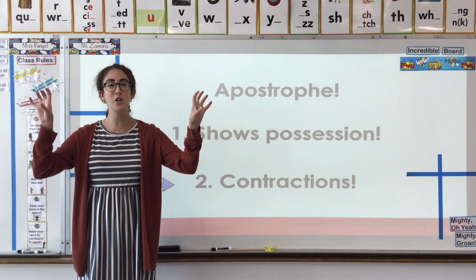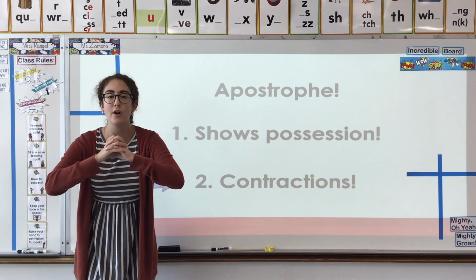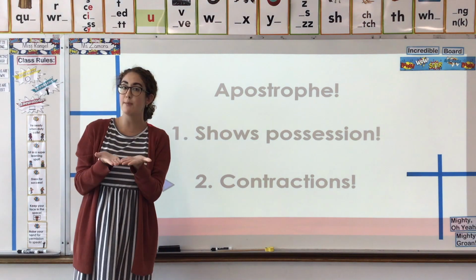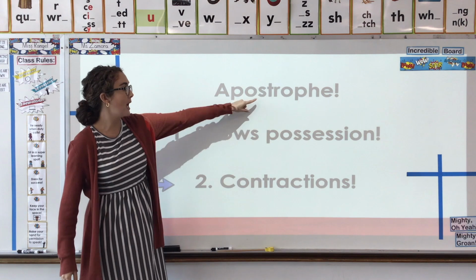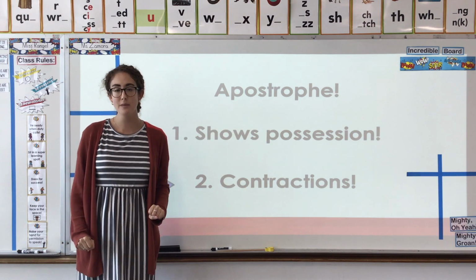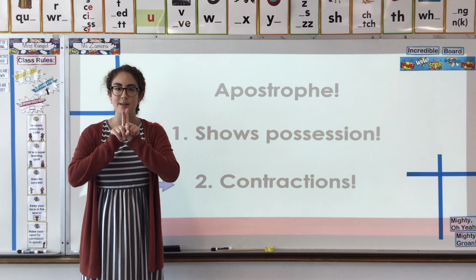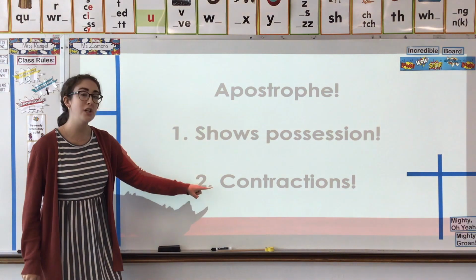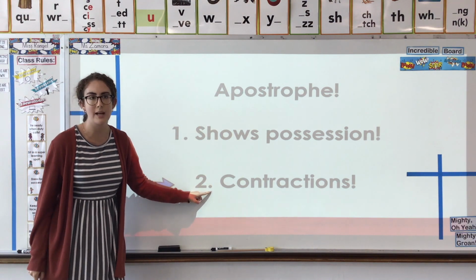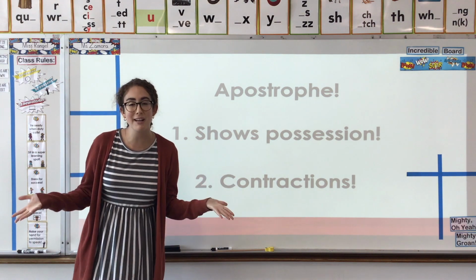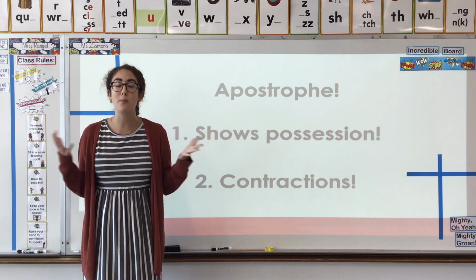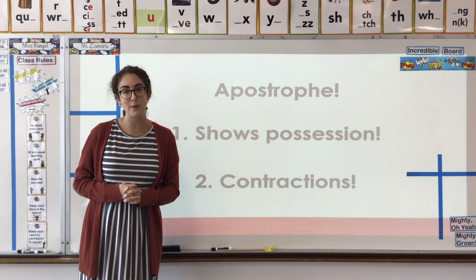Contractions: when two words are squished together to become one, and some of the letters are replaced with an apostrophe. Like is not becomes isn't. And we're going to continue to work on contractions today because they're really tricky, and we want to make sure that we can practice as much as possible.